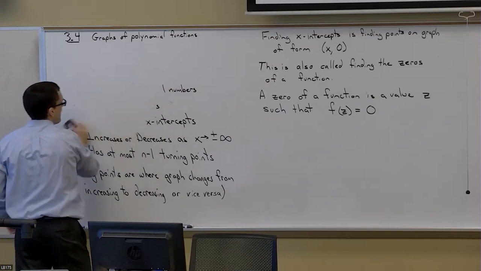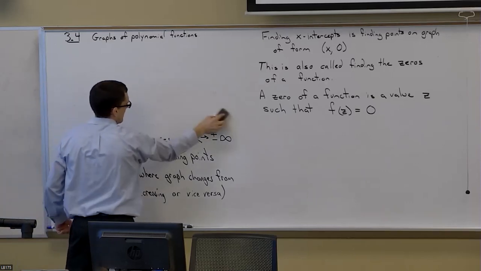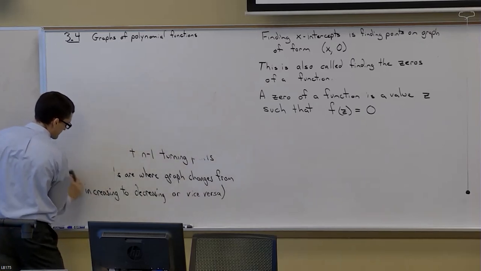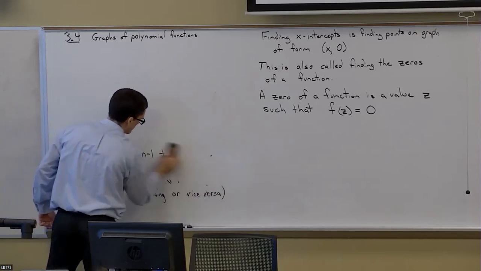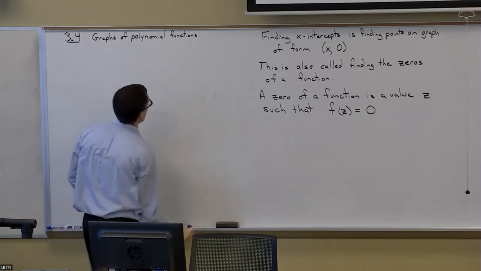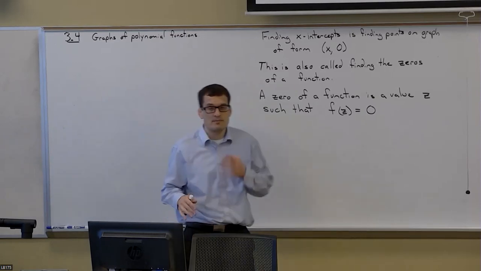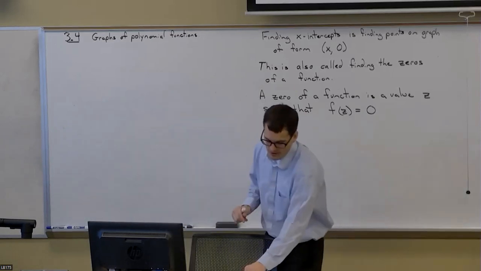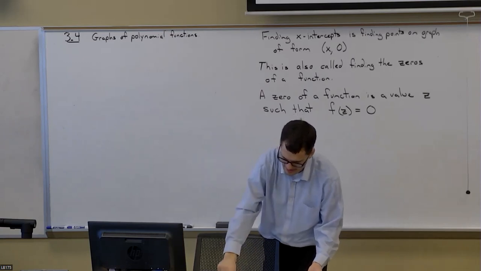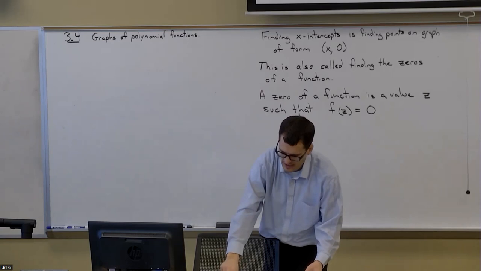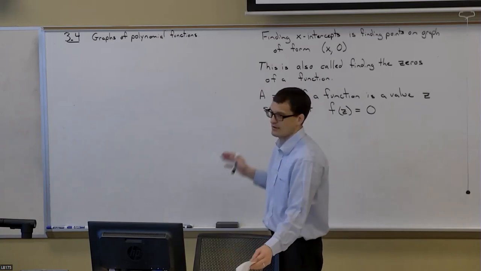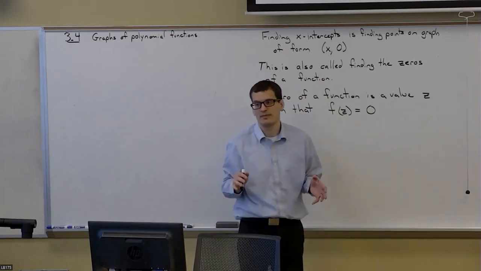So let's find x-intercepts or find zeros of a function. Now, the fact is that 3.4 and 3.5 and 3.6 are really all about finding zeros of polynomial functions.